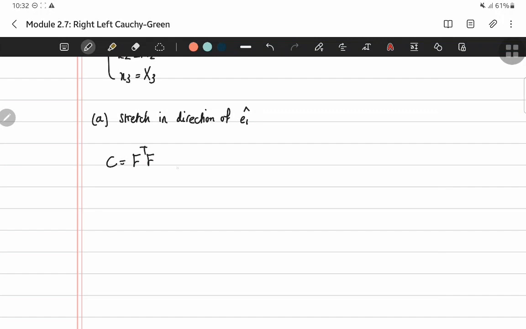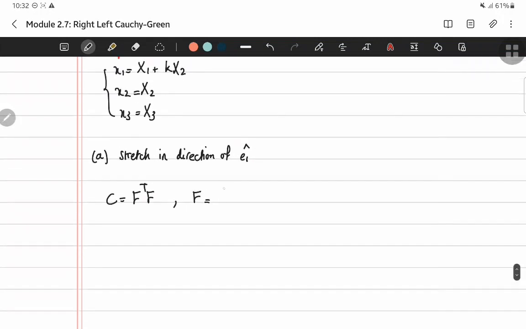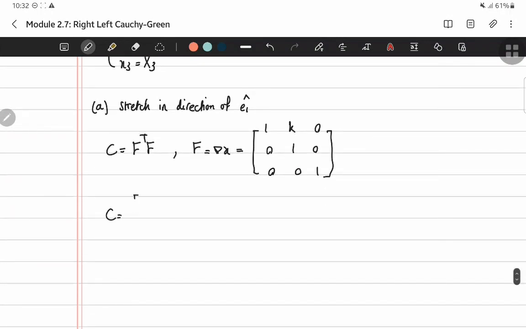nothing but F transpose F, where F is the del X and is equal to here 1, k, 0, 0, 1, 0, 0, 0, 1. Therefore, C is equal to F transpose, which is 1, 0, 0, k, 1, 0, 0, 0, 1, times this one.